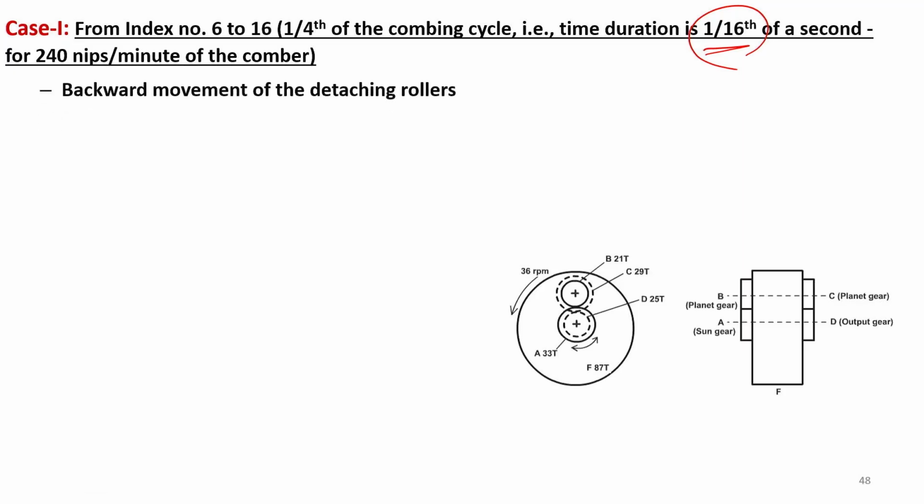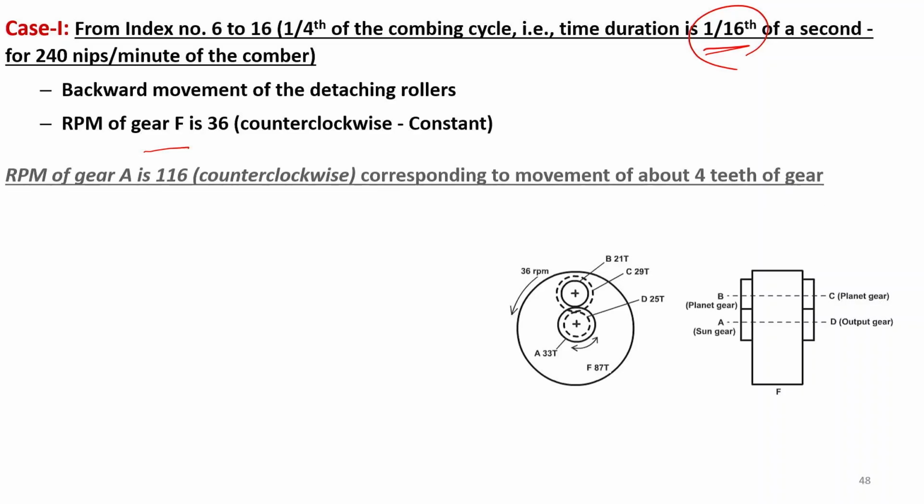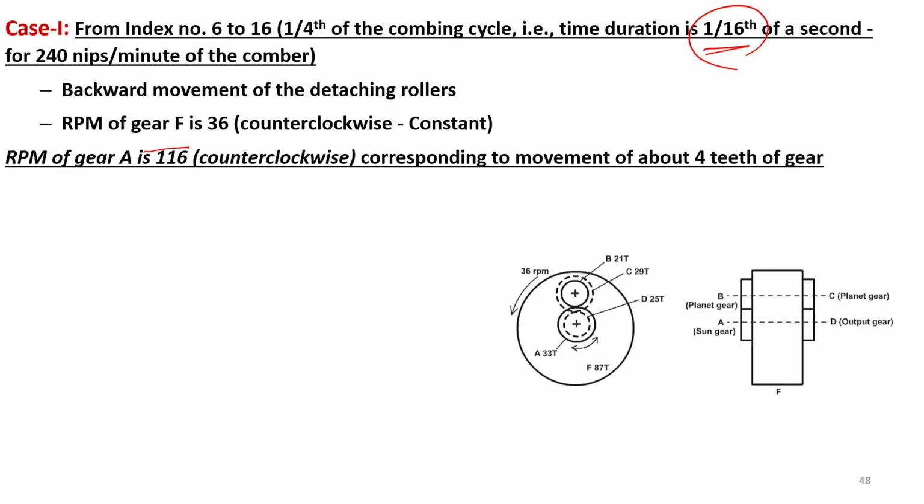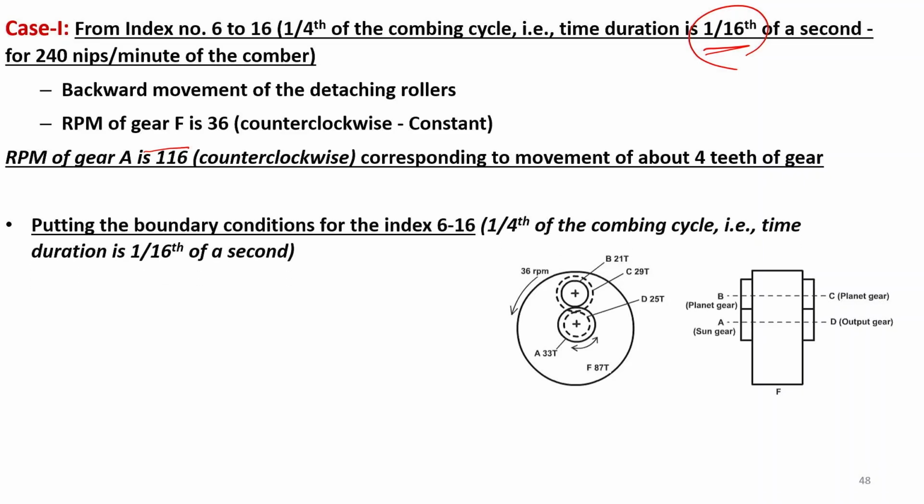So, for the backward movement of the detaching roller, RPM of arm F is 36, RPM of gear A is given as 116 in the counterclockwise direction, which we have calculated earlier.